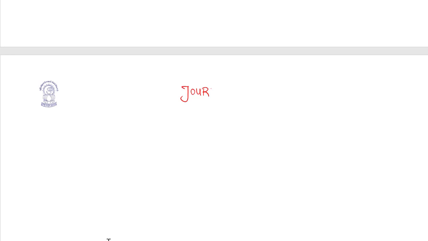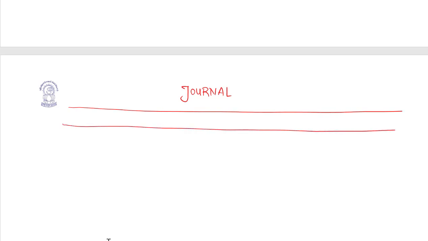Journal book, debit rupees, credit rupees, particulars.